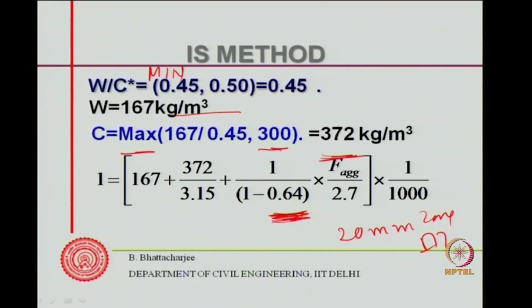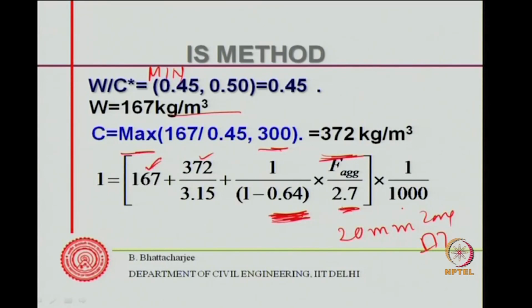So, for the total aggregate, I divide the fine aggregate mass by its specific gravity and divide this by 1 minus 0.64, and that must be equal to the sum of the volume of water, this divided by 1000, and this divided by 3.15 and 1000, which gives me the volume of cement. This gives me the volume of total aggregate, because this is the mass of fine aggregate, and fine aggregate occupies a volume of 1 minus 0.64. So, if I divide this by 1 minus 0.64, that will be the total volume of aggregate.